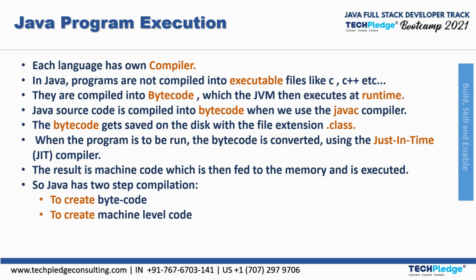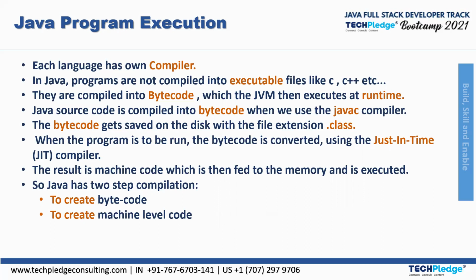The Java source code is compiled into bytecode when we use the javac compiler. The compiler for Java is javac. It compiles the source code into bytecode and saves it on disk with the file extension .class. When the program is to be run, the bytecode is converted using the just-in-time compiler. It is compiled again, and this time it is converted into machine language.